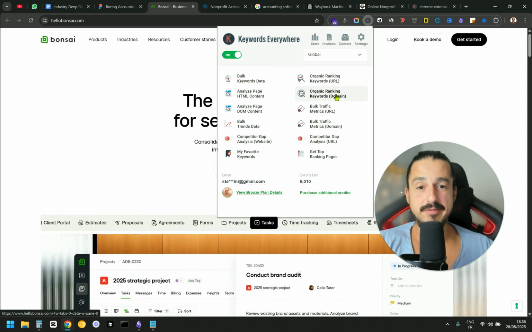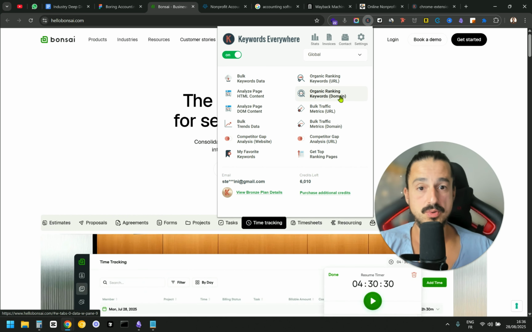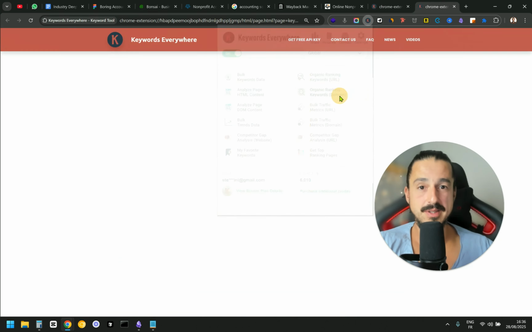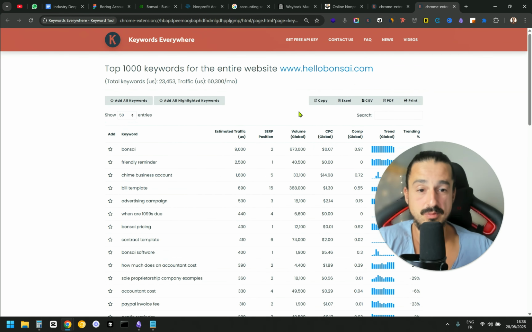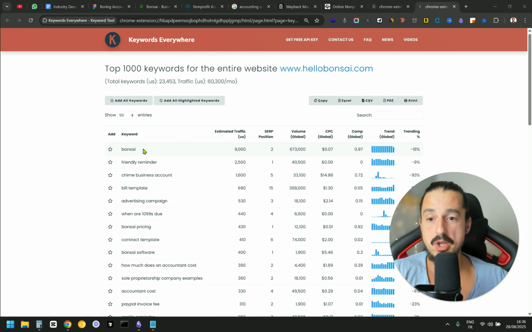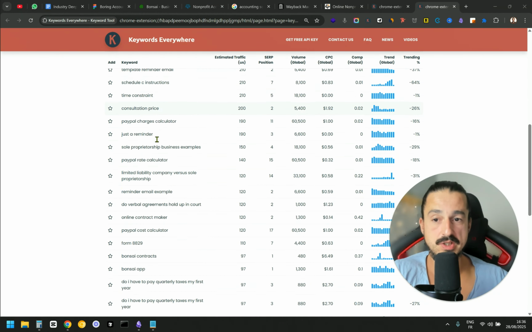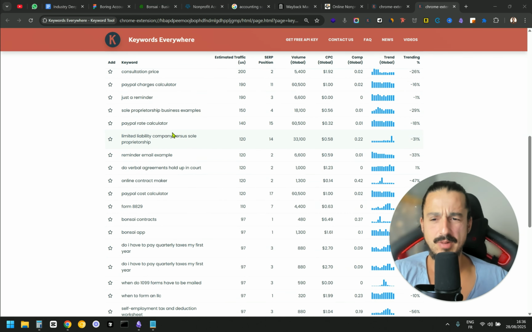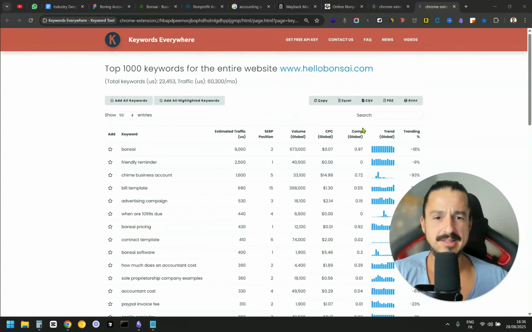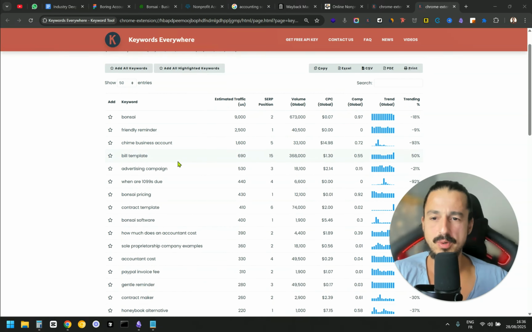One thing I've started using recently is this feature, which allows you to see, at the domain level, the traffic that the website is receiving. So you can see all the different keywords for which it's ranking. Honestly, when I opened it, I didn't know exactly what to look into.